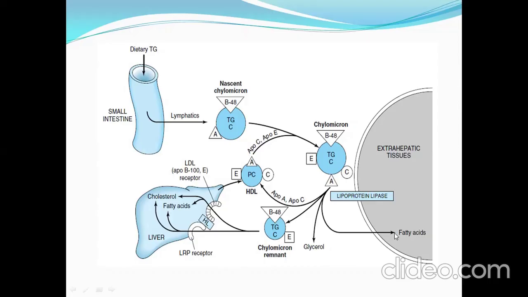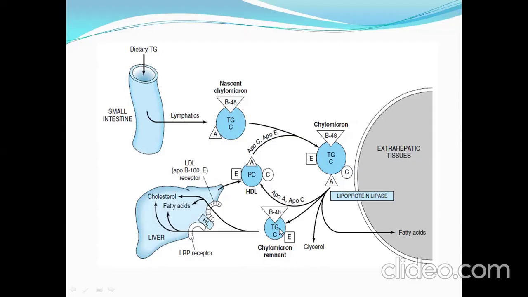So the fatty acid is released and the glycerol is released, and then apoprotein C is donated to the HDL, and finally the remaining product is the chylomicron remnant. The fatty acid enters the extrahepatic tissue. And finally, the remaining molecule is the chylomicron remnant.